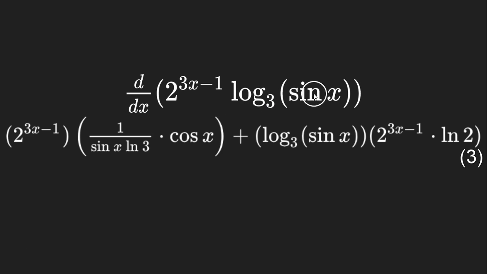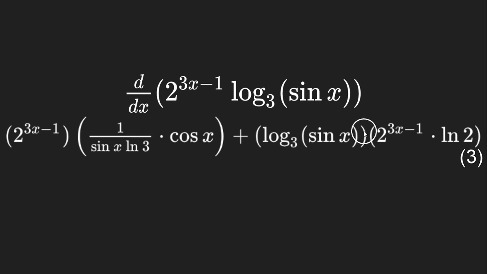Log base b of anything is 1 over what's inside times ln of the base. So the sine x goes down: 1 over sine x times the ln of the base 3. And then chain rule on the sine x, times derivative of the sine, which is cosine, so I get cosine x up there. So this parentheses here is the derivative of that log base 3 function.